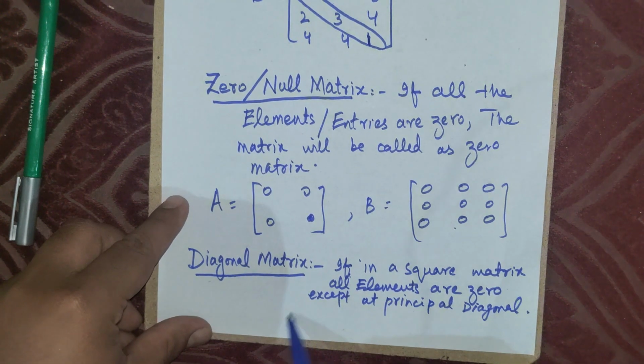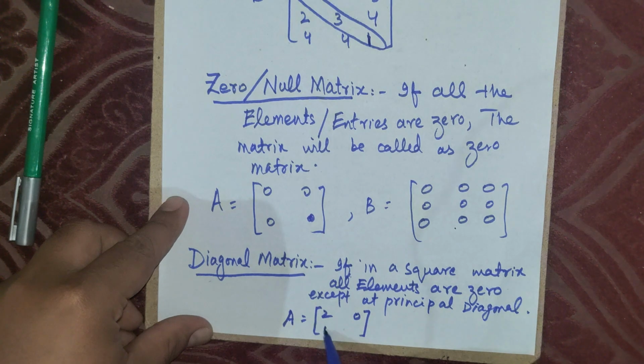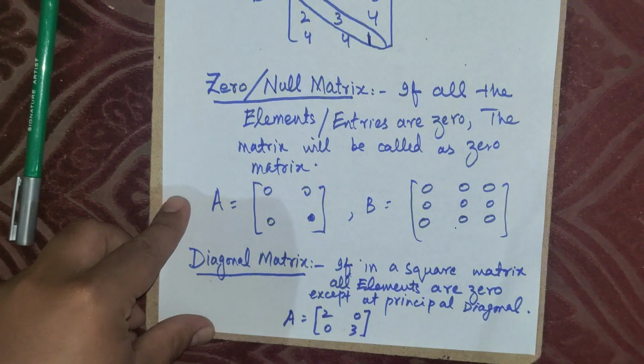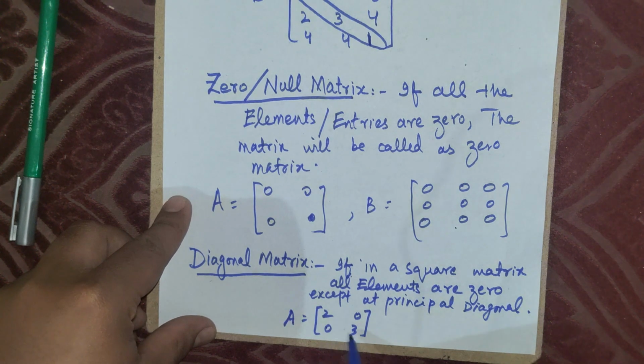For example, A is equal to 2, 0, 0, 3. This is a square matrix because it has two rows and two columns, and elements are only at the principal diagonal. All other elements are 0. So this is called a diagonal matrix.